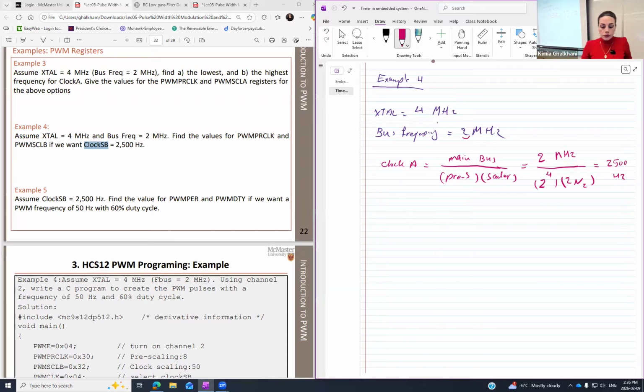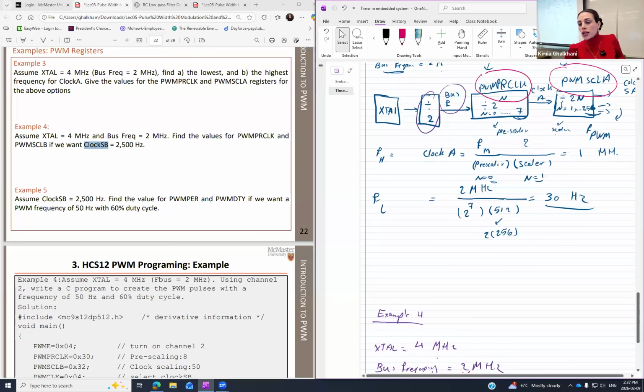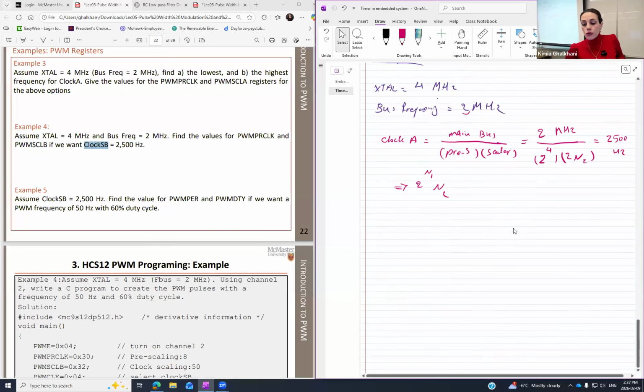Now, I'm going to use that information. I'm going to say 2 to the power of n1 and then n2, scalar and prescaler, okay? n1, n2, scalar, prescaler, I get them from there.